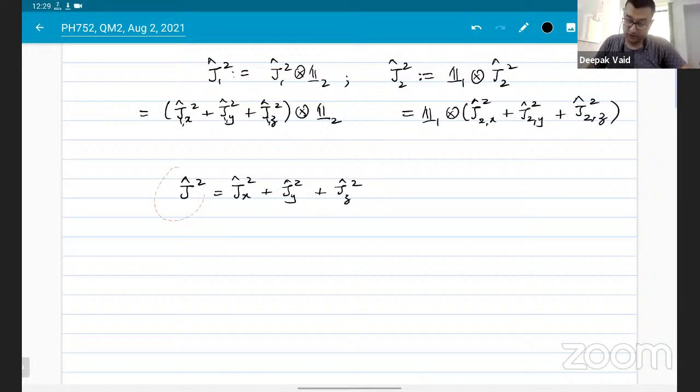And what is the total J square? This is the composite Jx square, right? What is the composite Jx square? It is composite of Jx.